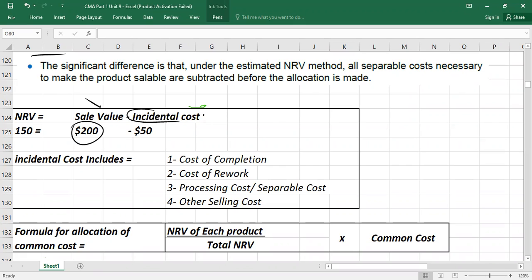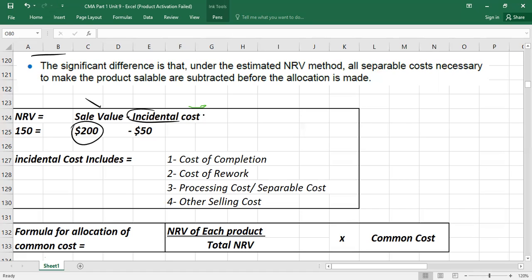What is incidental cost? By definition, incidental costs are those costs which we will incur to make the product saleable. Any cost which is necessary to incur to make the product in saleable condition.